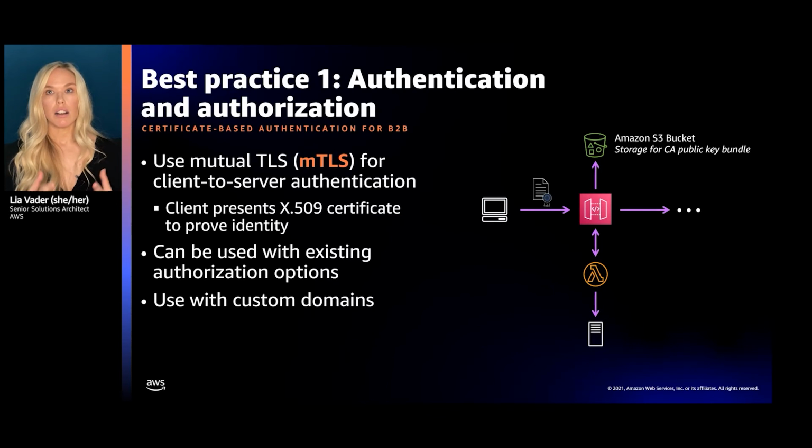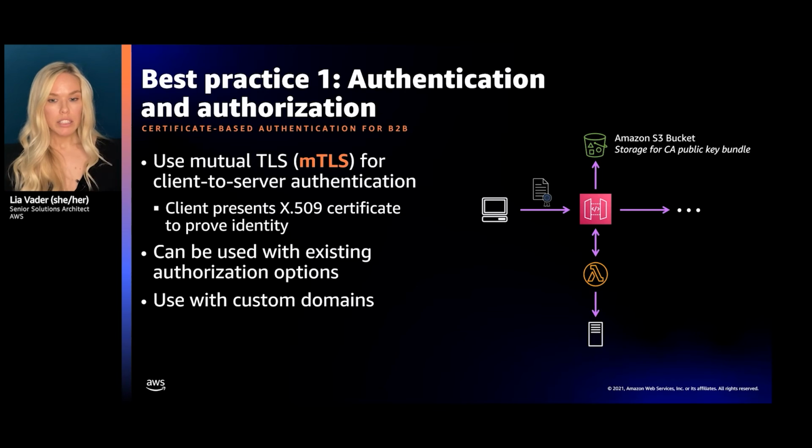If we look at authentication for these vendors, partners, maybe devices, MTLS might be a good use case. API Gateway supports certificate-based authentication via mutual TLS, also known as MTLS. This is where both parties are authenticated via certificates with TLS.